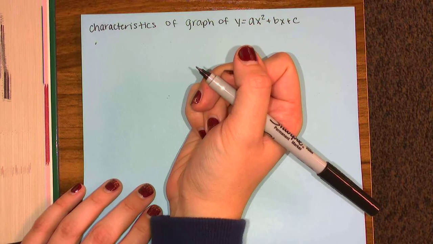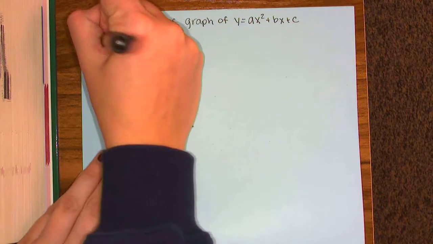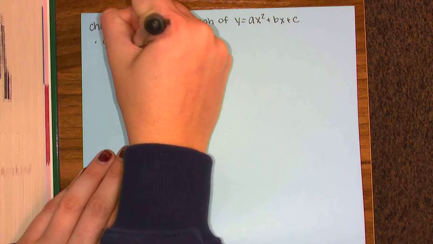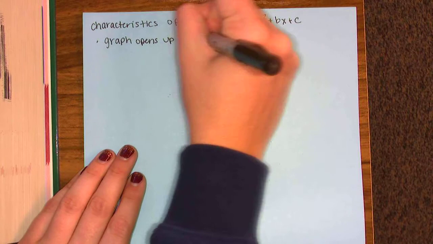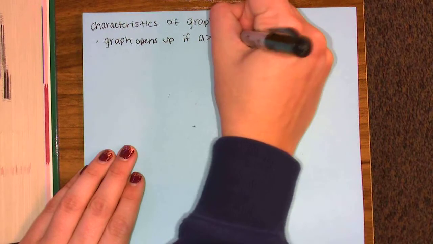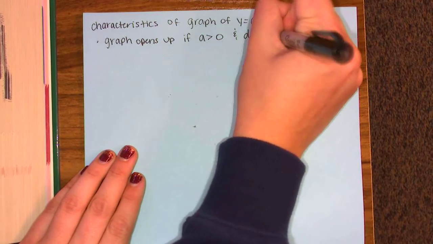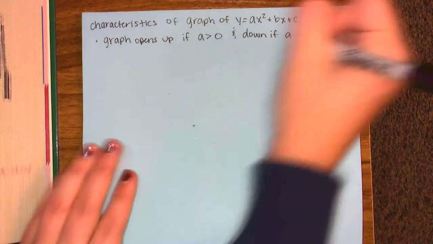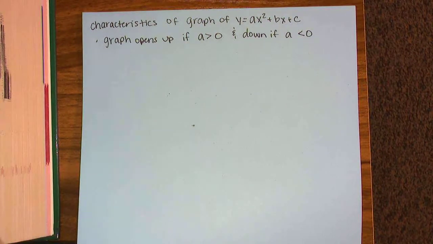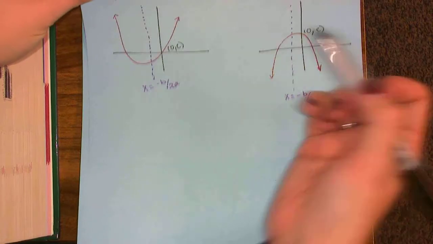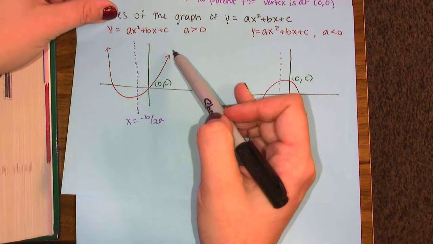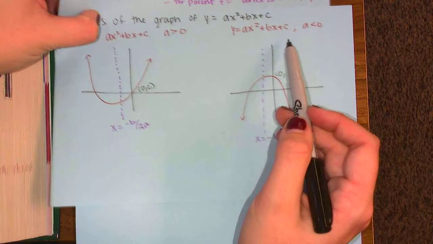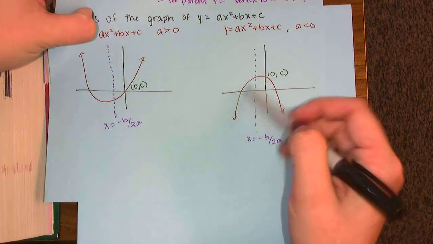Some of them might take 2 lines. The graph opens up if a is greater than 0, and down if a is less than 0. So a greater than 0, that's what we had drawn here. So this graph was opening up. A less than 0 over here, that graph opens down.